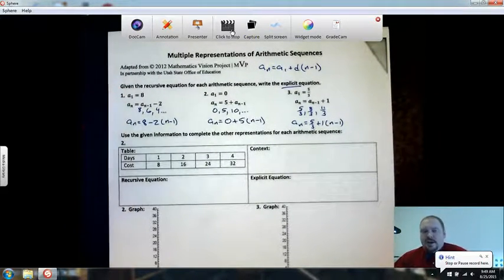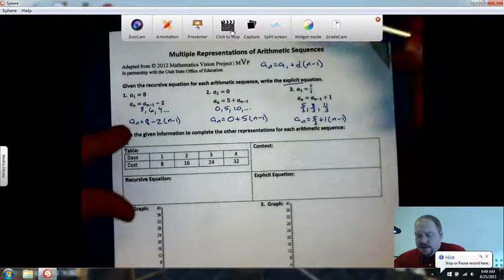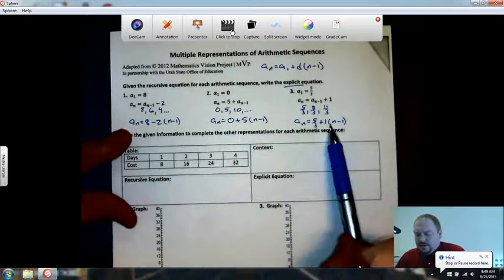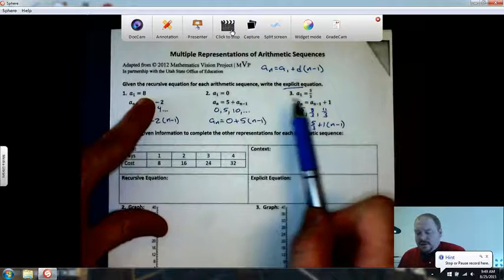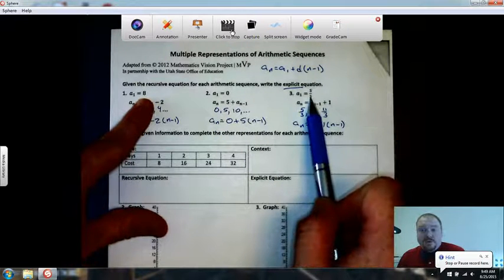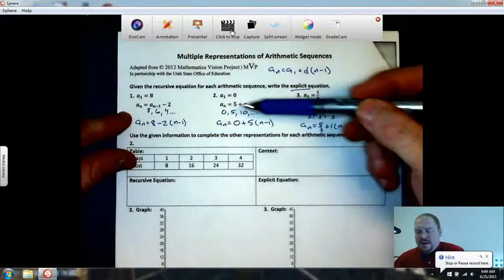But you should write all fractions in simplified form. Now, here's why this is important. If you notice, each of these, the first number is what you start with. They tell us that. It's a sub 1. We know that. What I'm looking for is a shortcut so that you don't need to make this list.